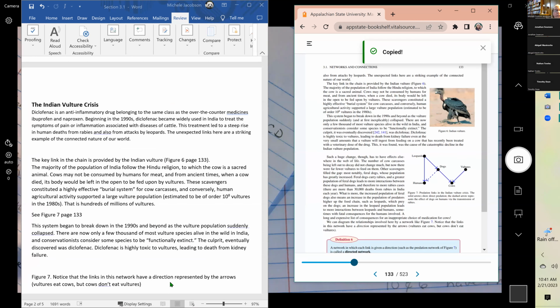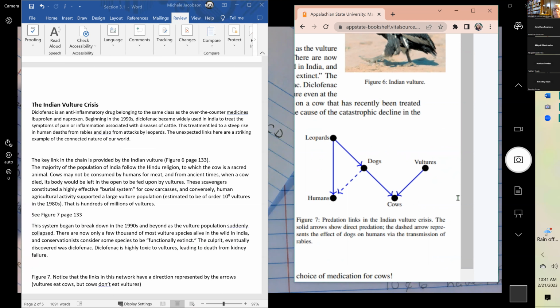They show the networking link on figure 7 right here. Now notice this link has arrows. The arrow goes from the vulture eats the cow, the dog eats the cow.